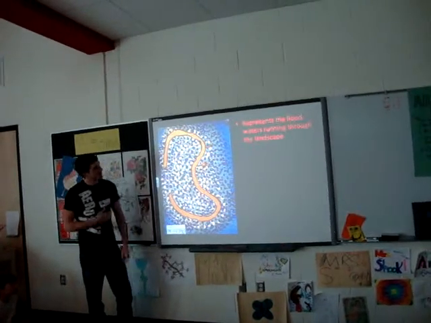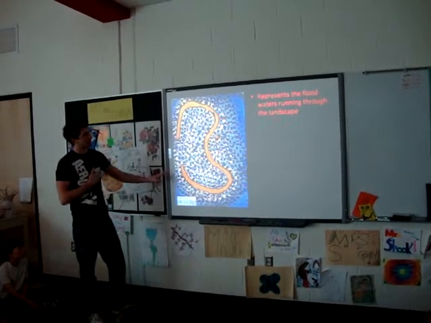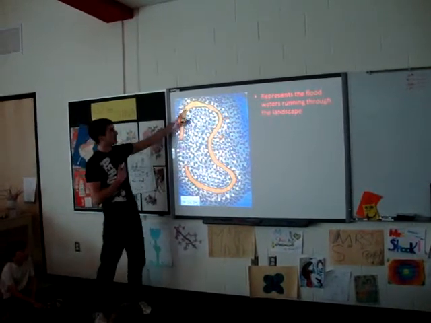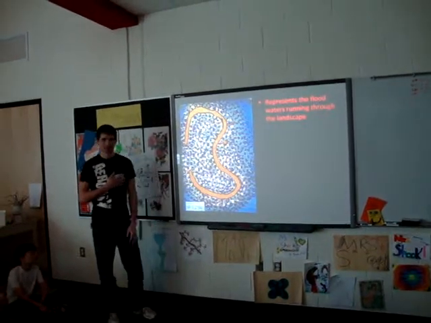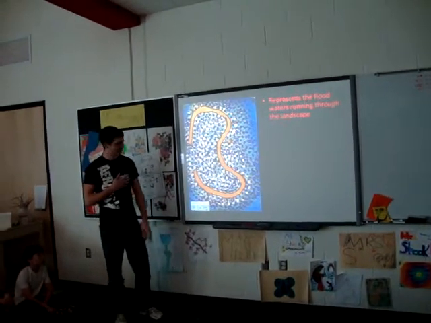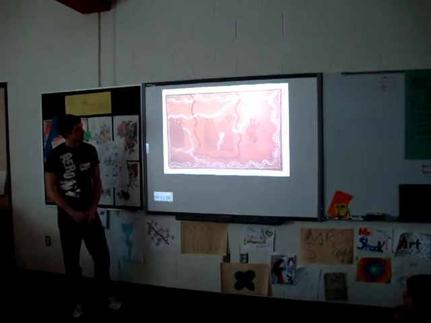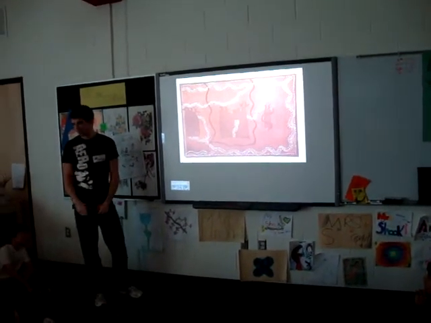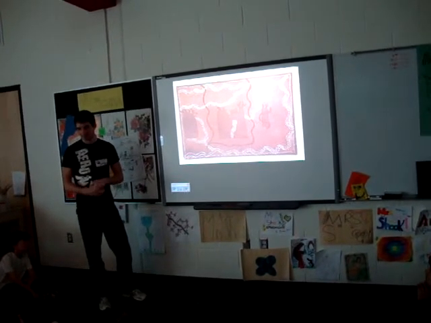Well, this represents the waters running through the landscape like a flood. So this could maybe be the land that's left from the flood coming through, right? Okay. What about this? What does this look like? A map? Okay. Were you going to say something?